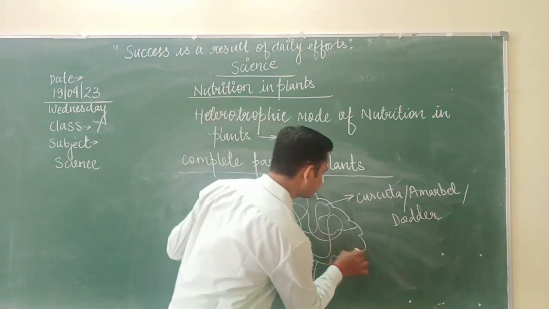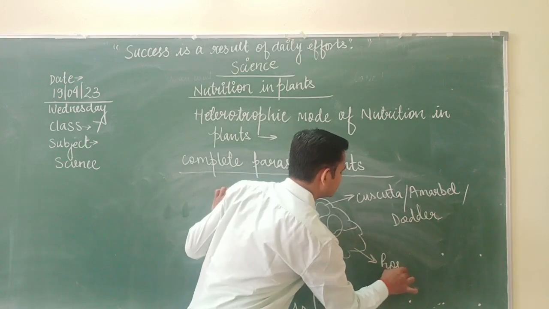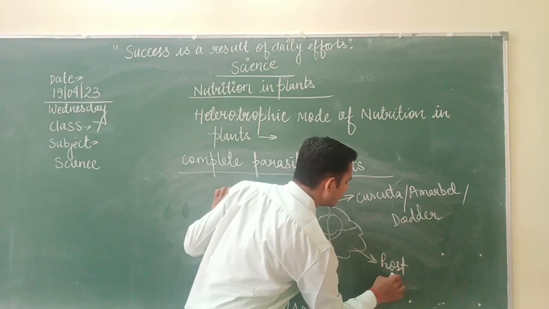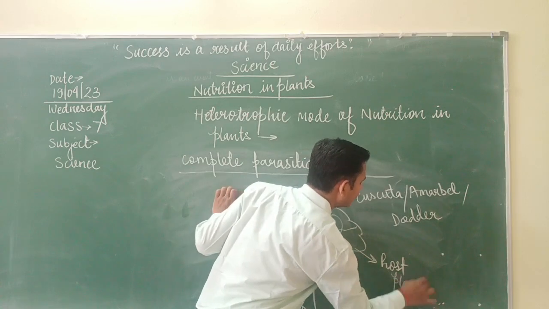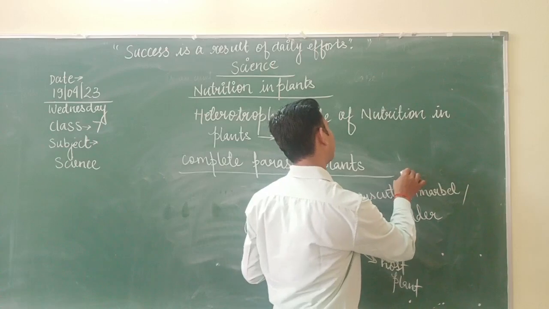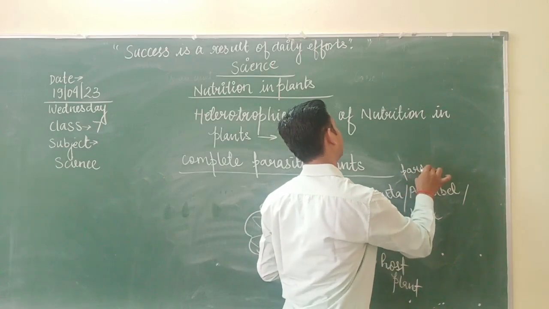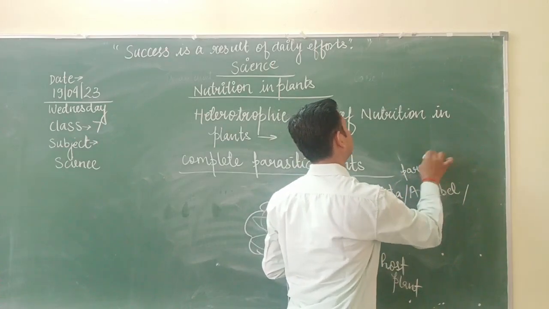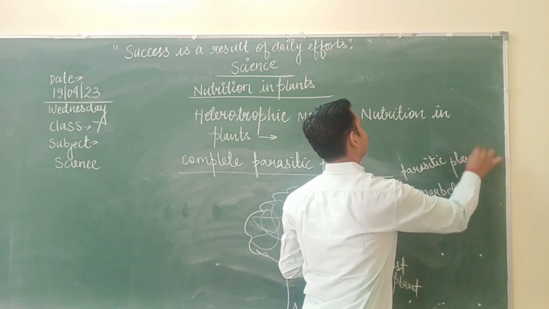This is the host tree, or you can say the host plant. This is the host plant. And Cuscuta or Amarbale or Dodder, it is a parasitic plant.